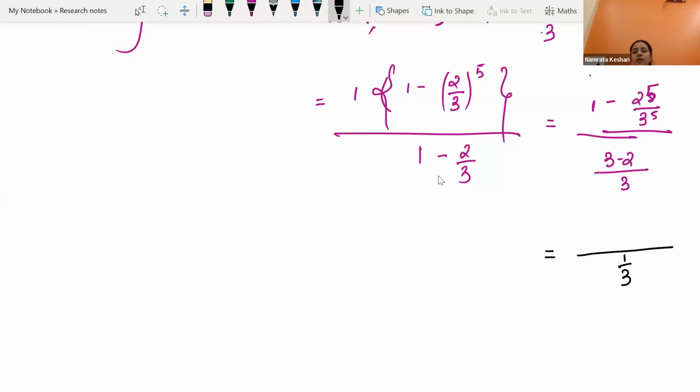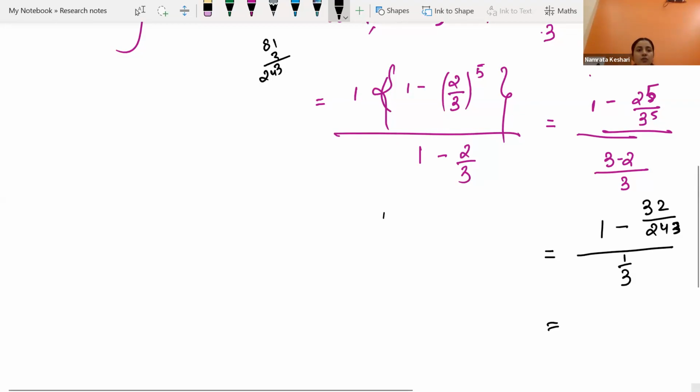And in the numerator, we'll have 1 minus 2 to the power 5, which is 32. And 3 to the power 5, check it: 3 times 3 is 9, 3 times 9 is 27, 3 times 27 is 81, 3 times 81 is 243. Okay, please do the subtraction in the numerator.